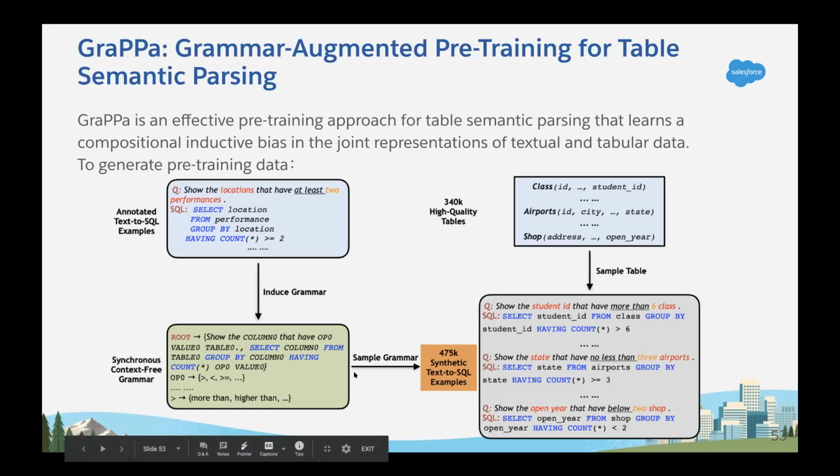Then you can use this with any table and sample columns into this template to synthesize this data. Okay, I see. Thanks. Yeah, for more detail you can read our paper on arXiv.